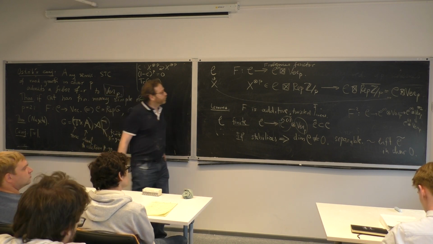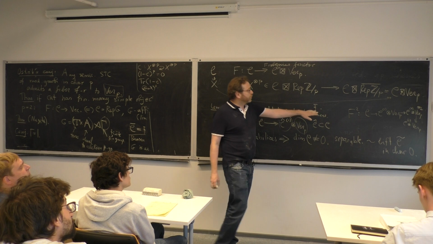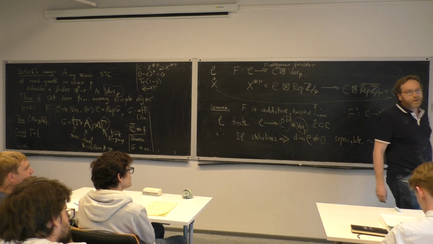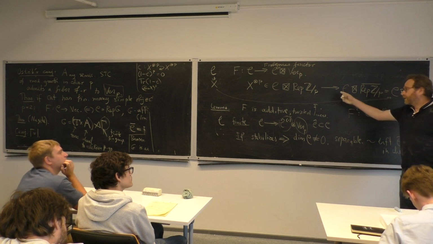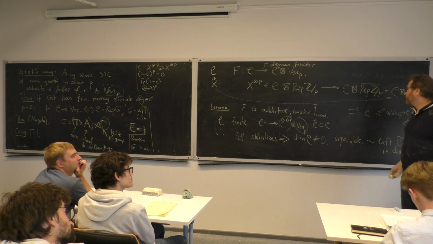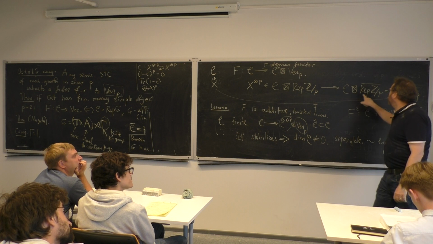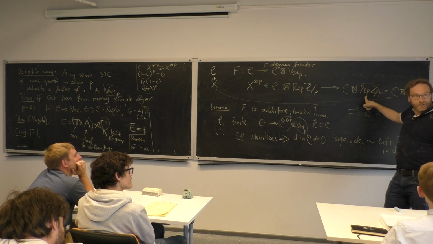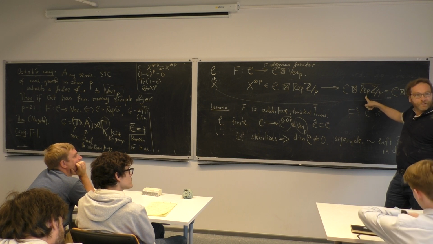But what we can prove, even in the non-semisimple case: you can do the same thing, and there is this functor. In general, a functor from here to here is very much non-exact. It is not exact on the left or on the right.